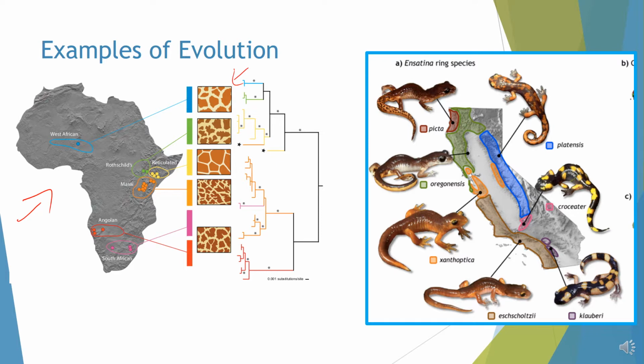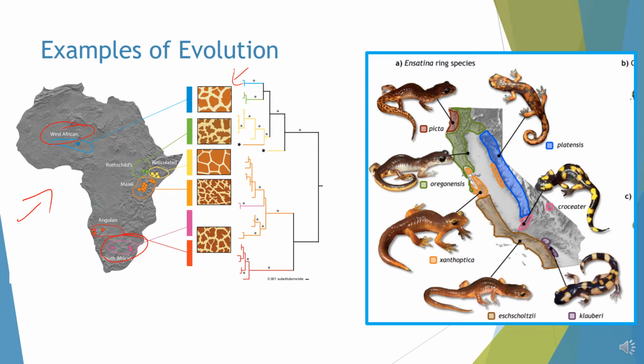Some are more orangey, some have big blotches, some are much smaller, broken up. Here we have the West African, which is also the northernmost, and South African way down here, and you can see how their coloration patterns are very different based on where they live.